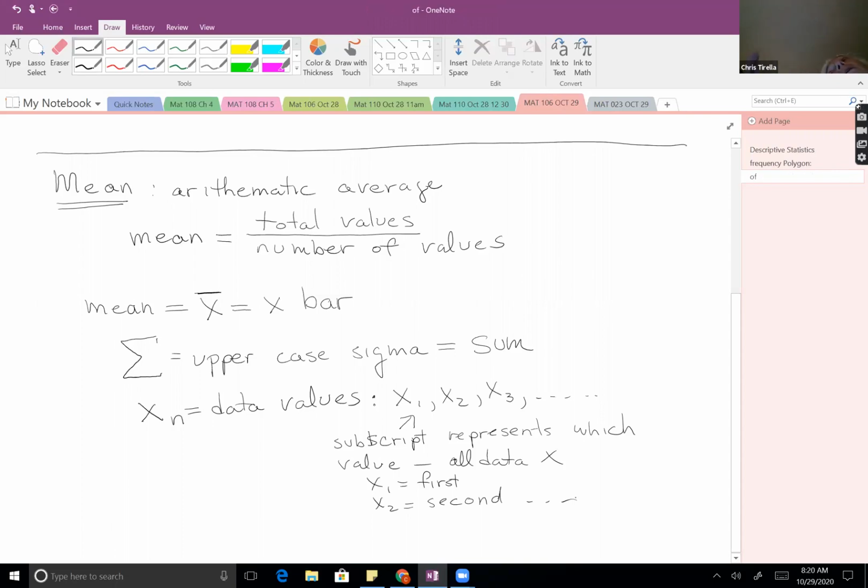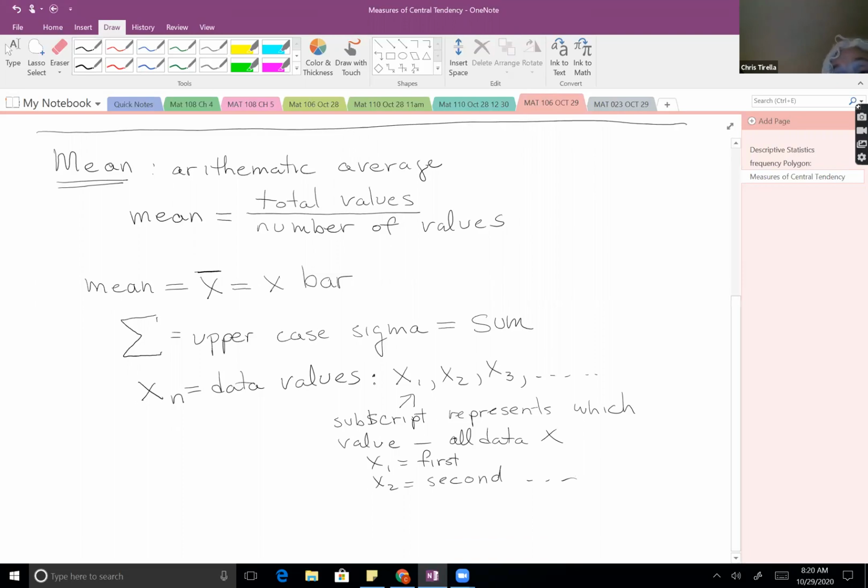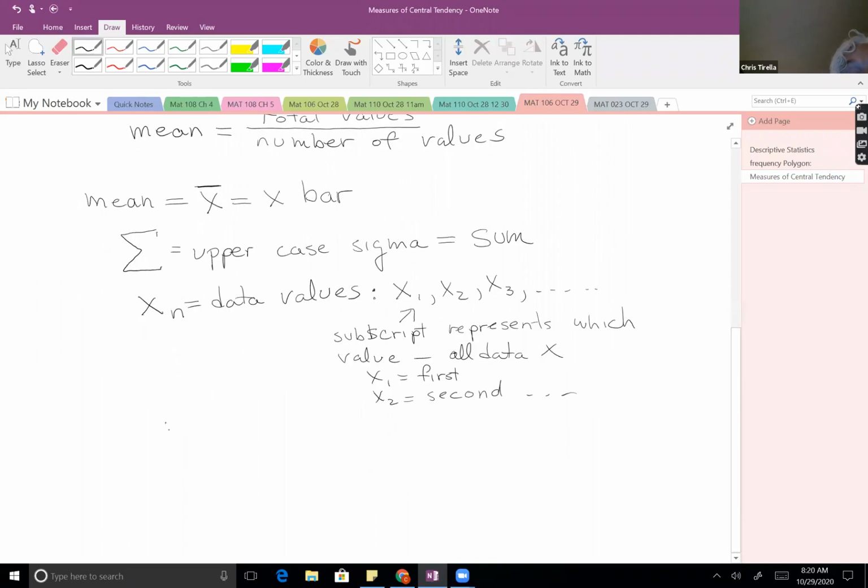But to differentiate between which is the first value, which is the second value, and so on, because usually our data values are not all the same, we put that subscript in there. N is going to be referred to as the sample size, and the sample size is going to tell us the number of values that we have.